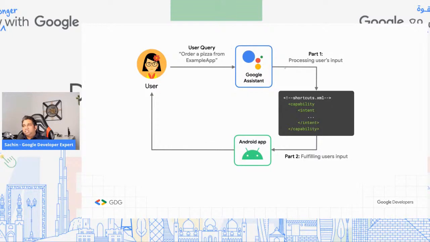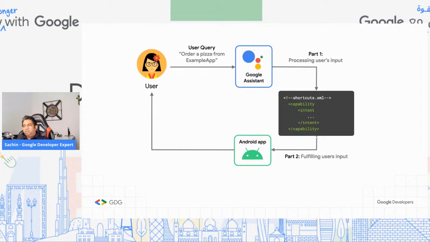The Google Assistant then understands that for this specific query in example app, I have a shortcuts.xml file that's built into the app, right? So it will check the shortcuts.xml and see that, yes, this specific example app indeed has a shortcuts.xml file. That means, let me see if this specific capability is allowed.